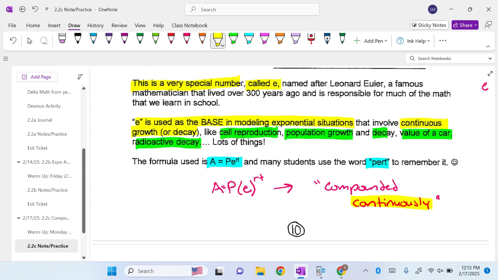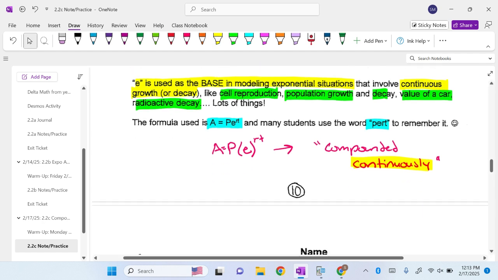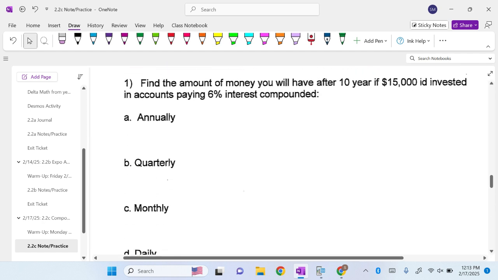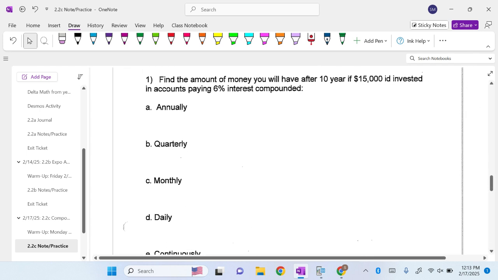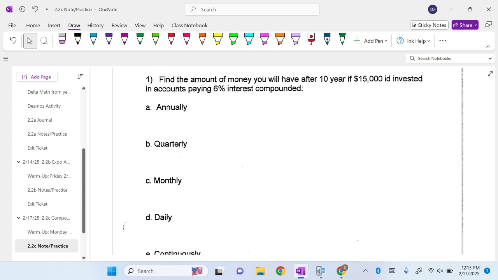Now, I do want to try one example where we are looking at compounded continuously, just so you can see what it is. So look at page 11 and look at number 1, letter E. Basically what they want us to do is figure out the different amount of money that we earn when we compound in different ways.